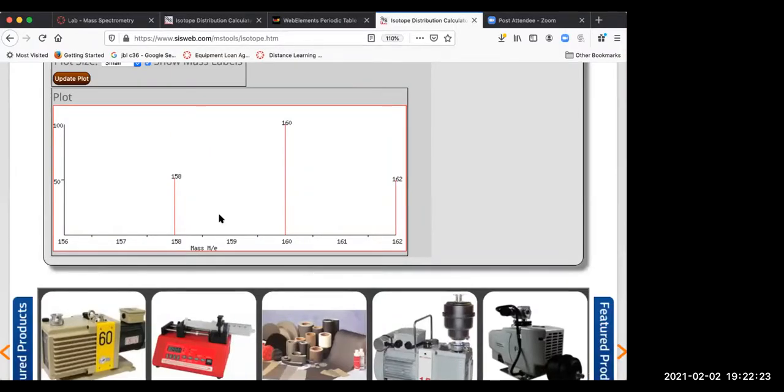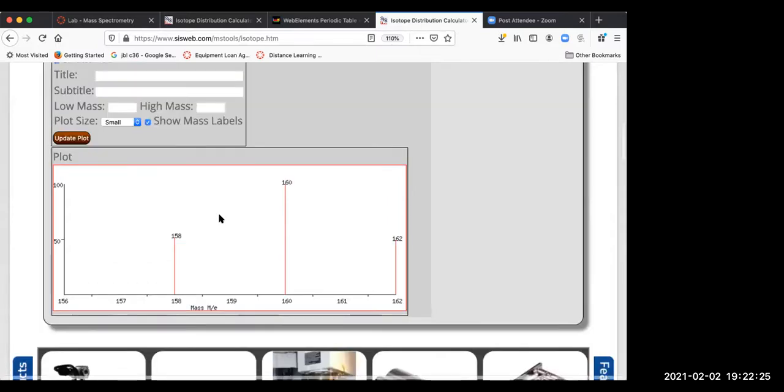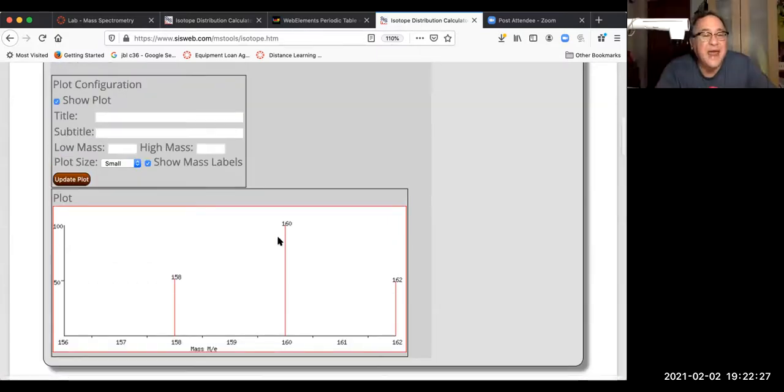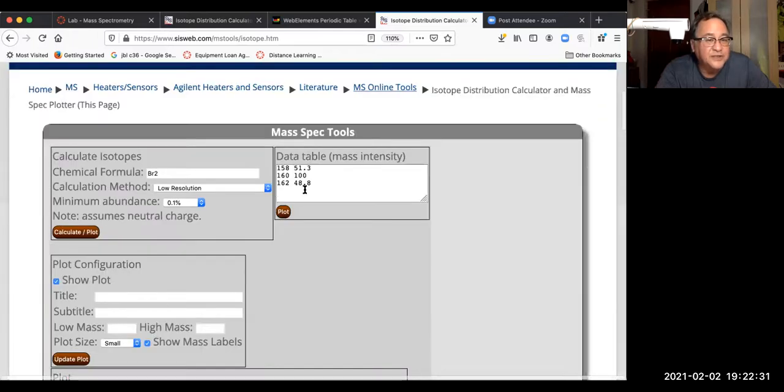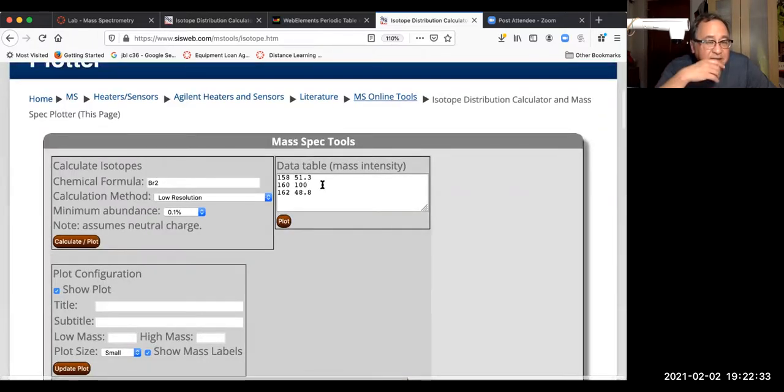Actually, it doesn't say 100. It says 160. Oh, that's the mass. Sorry, I have to go to the numbers here. Do you see how the 160 says 100 in the table? So let me show you how to take this guy and turn it into what looks like our table. And then we're going to call it quits.